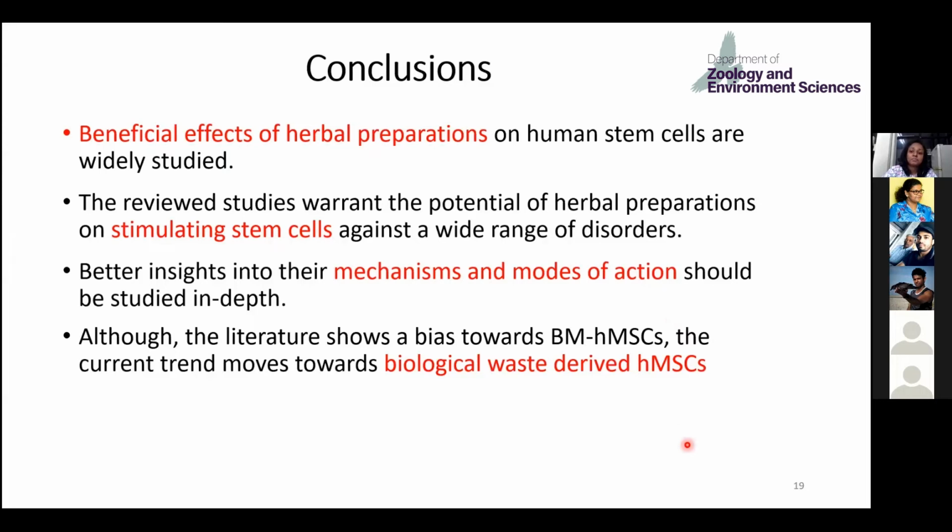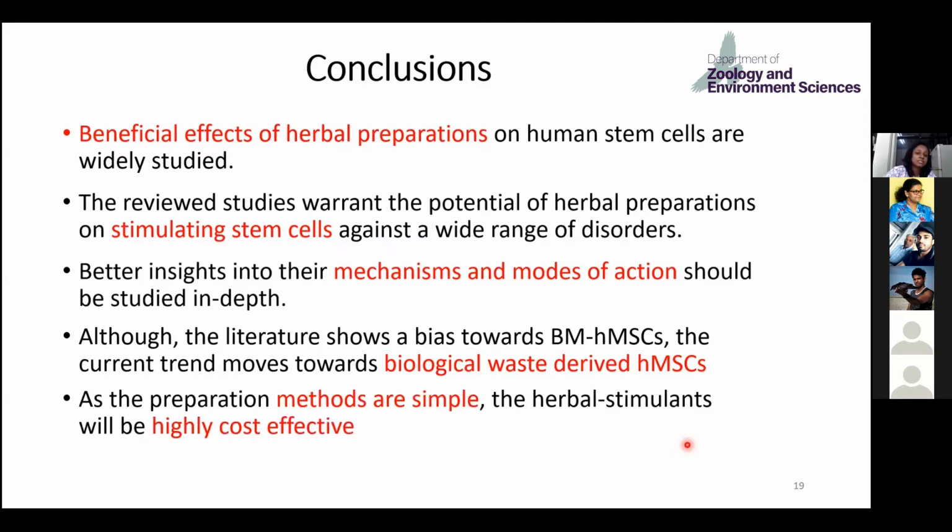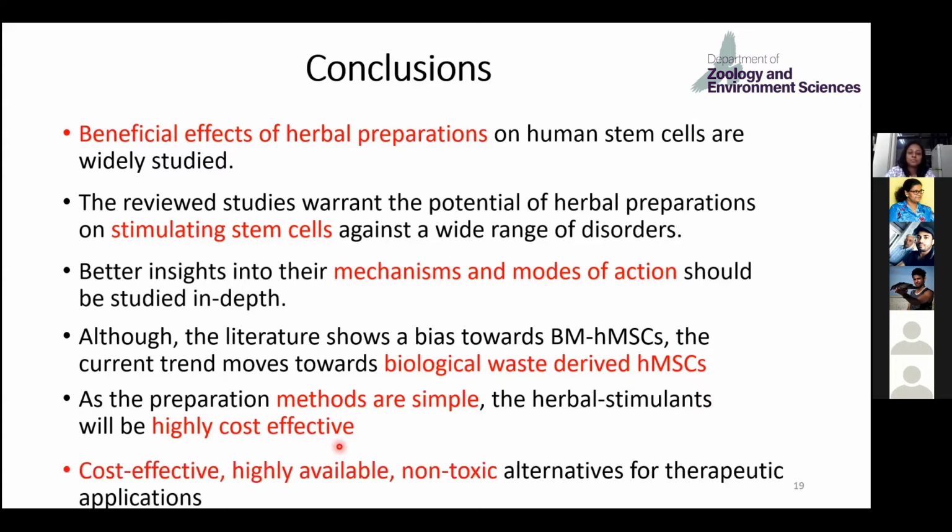Although there is a bias towards bone marrow human mesenchymal stem cells, there is a trend towards biological waste-derived mesenchymal stem cells in research and therapy. Finally, as the preparation methods are simple, the herbal stimulants will be highly cost-effective. These can be alternatives to the existing ones, being cost-effective, highly available, and non-toxic.